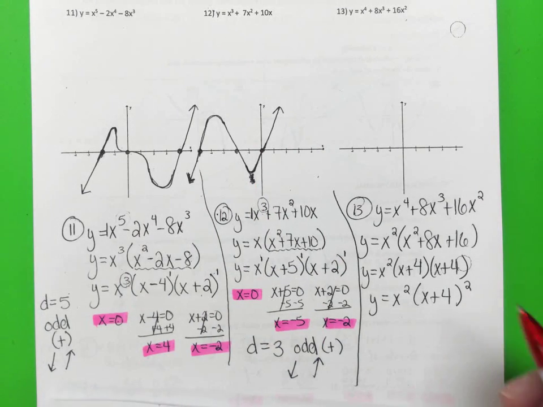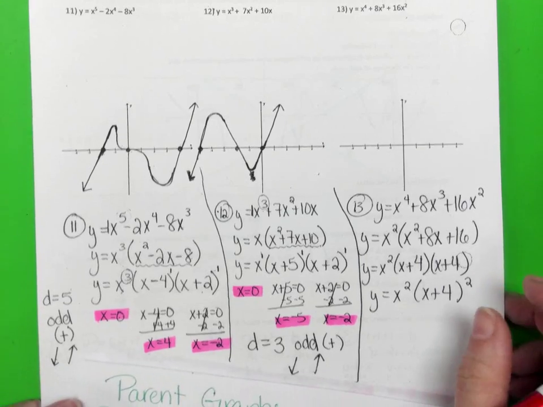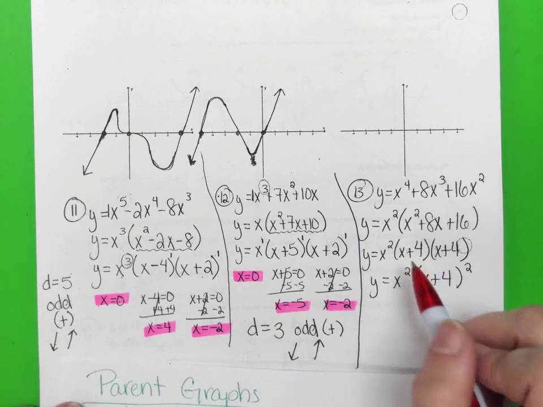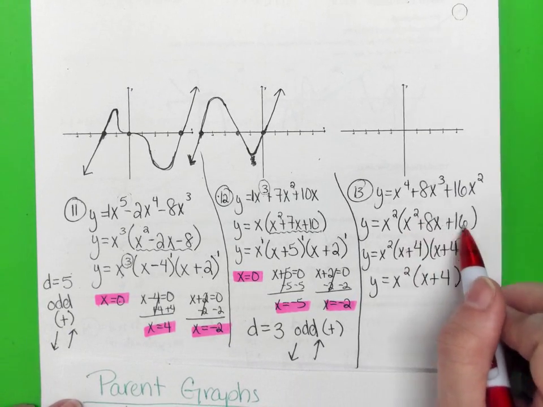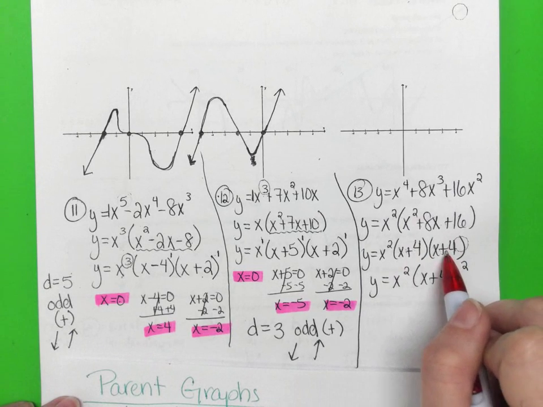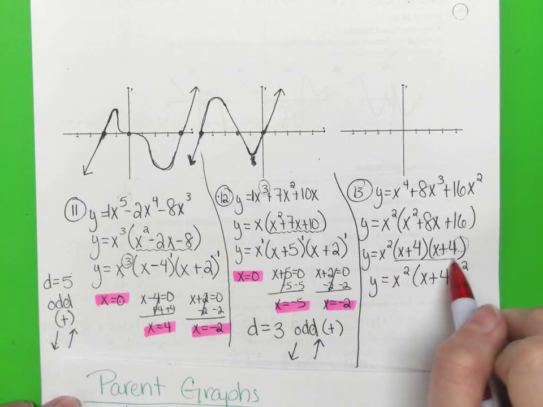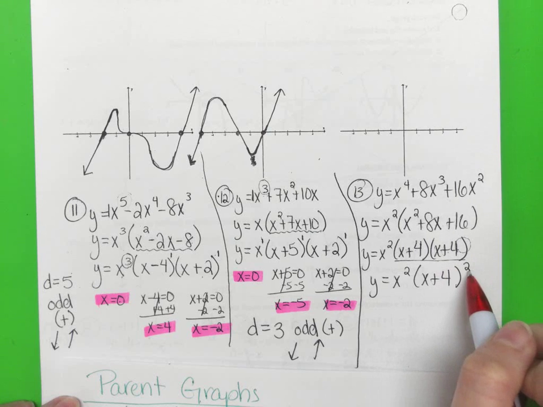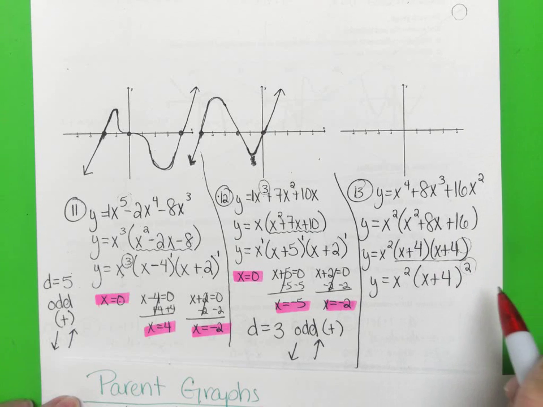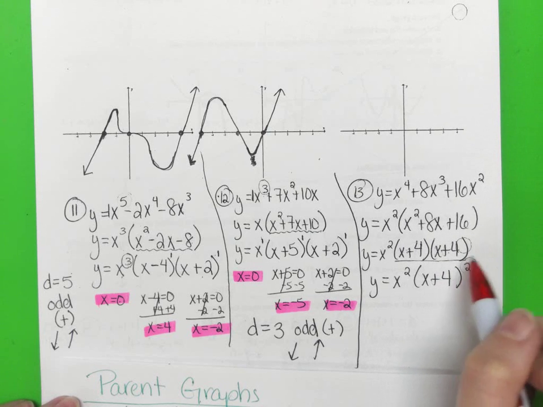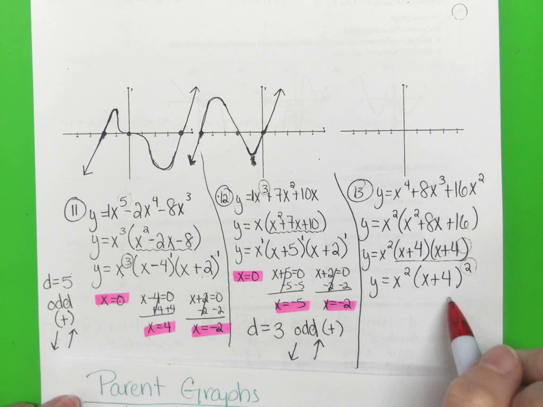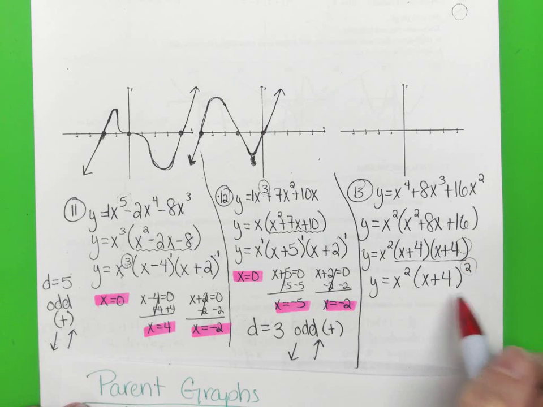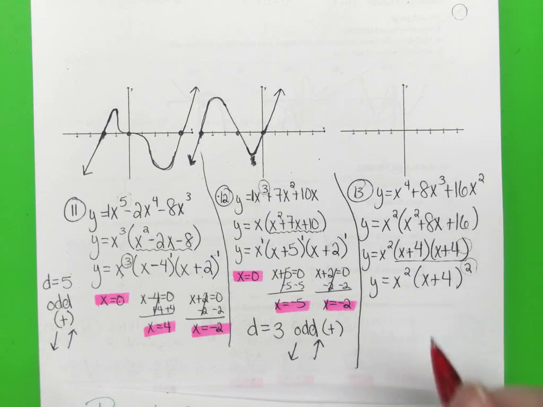Alright, here we go. So, you should have gotten down to at least this point so far. When you get down to this point, x squared plus 8x plus 16 factors as x plus 4 and x plus 4. There are 2 of them. When there are 2 of them, you write it as squared, okay? If you need a second, erase what you need to fix. If you need to pause it, pause it.